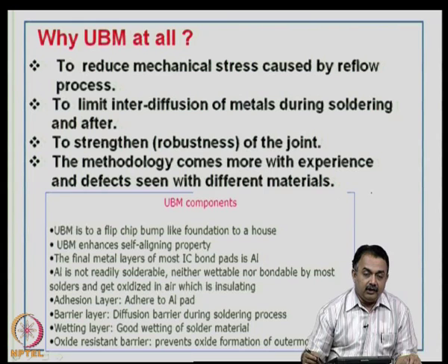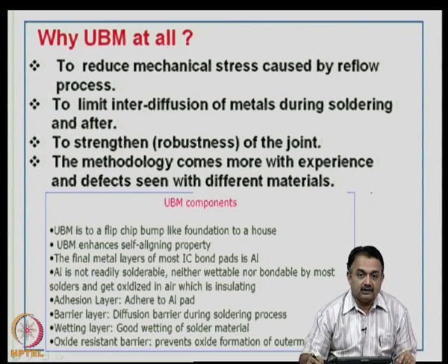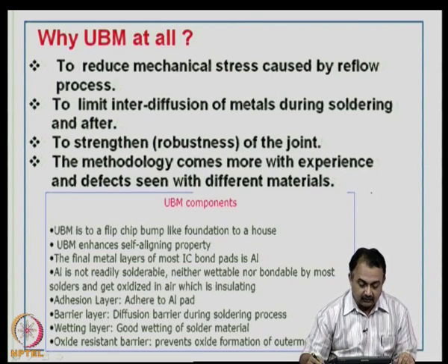So, why UBM at all? It will reduce the mechanical stress caused by the reflow process, limit interdiffusion of materials or metals during and after the soldering process, and strengthen the joint that has been formed. So, it increases robustness, and the methodology comes more with experience and defects seen with different materials. You have to be very careful in choosing the right combination of UBM materials.